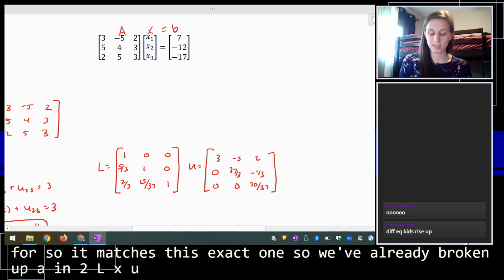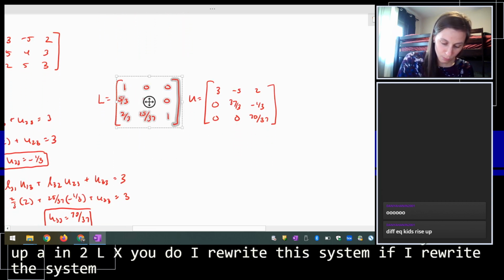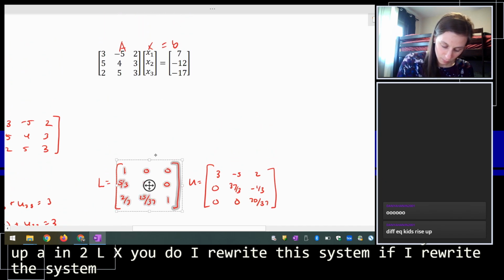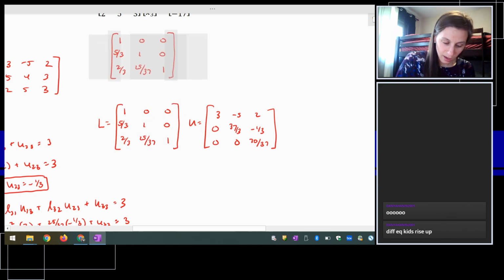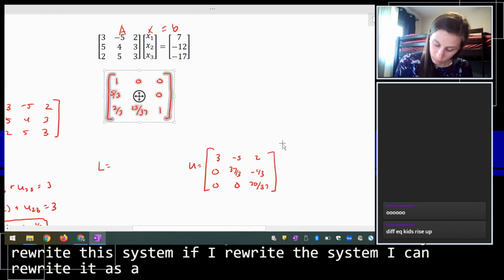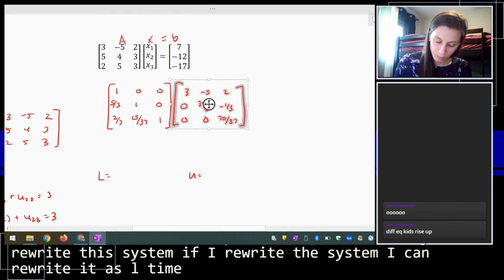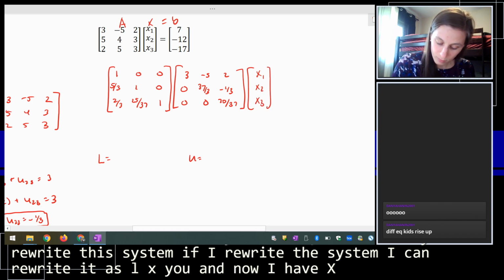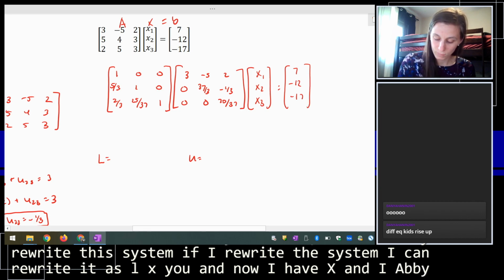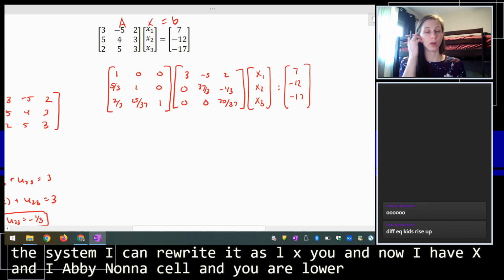So if I rewrite this system, I can rewrite it as L times U, and now I have X, and I have B. Notice L and U are triangle matrices.